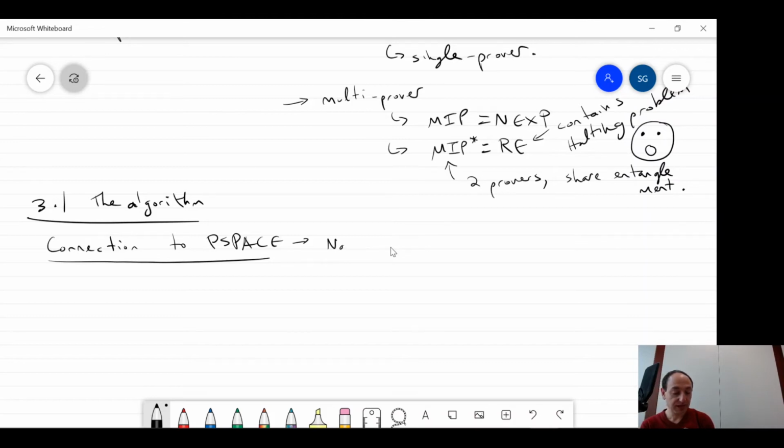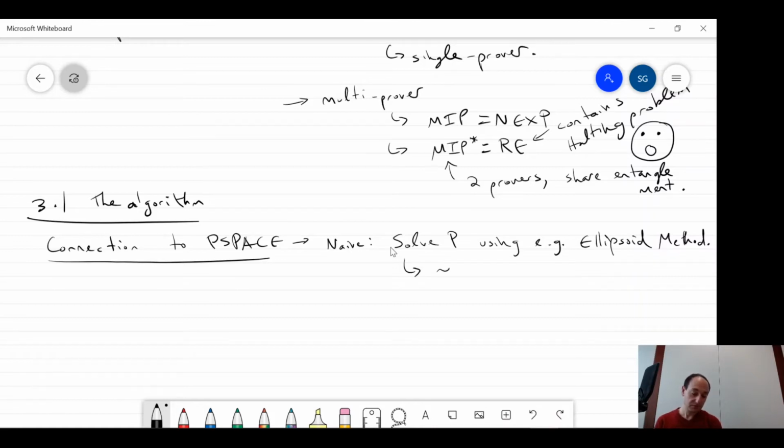So the naive idea here is what? We have an STP that captures QIP, and that's this primal P. And so we can try and solve P using, for example, something like the ellipsoid method. Whatever. We'd never do this in practice, but for a theoretical result, as long as you satisfy the mild preconditions of the ellipsoid method, this would give you a runtime polynomial in the dimension.